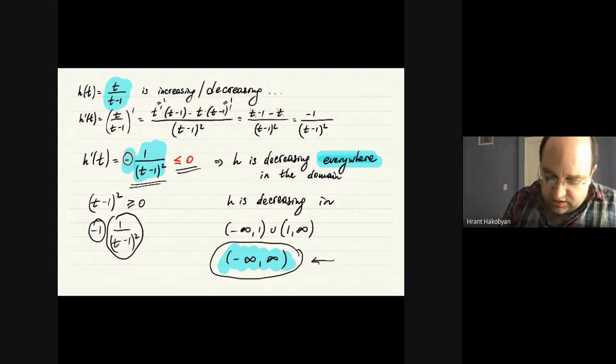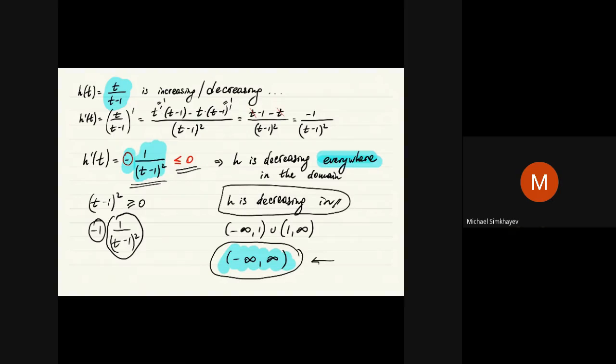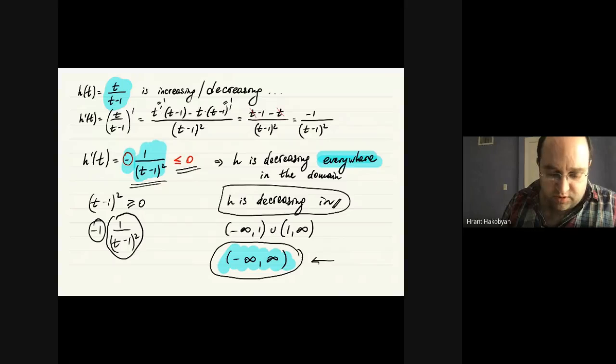Oh, you mean you don't have to do this E thing. Yeah, in the problems they say, so you can write it's increasing in this thing. So that's how I wrote it. But I think it's -1, no? Oh, okay. No, it's positive one.